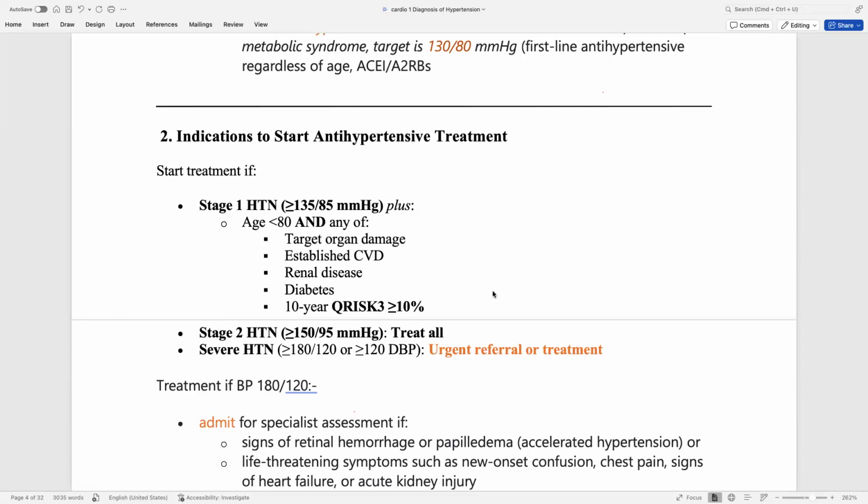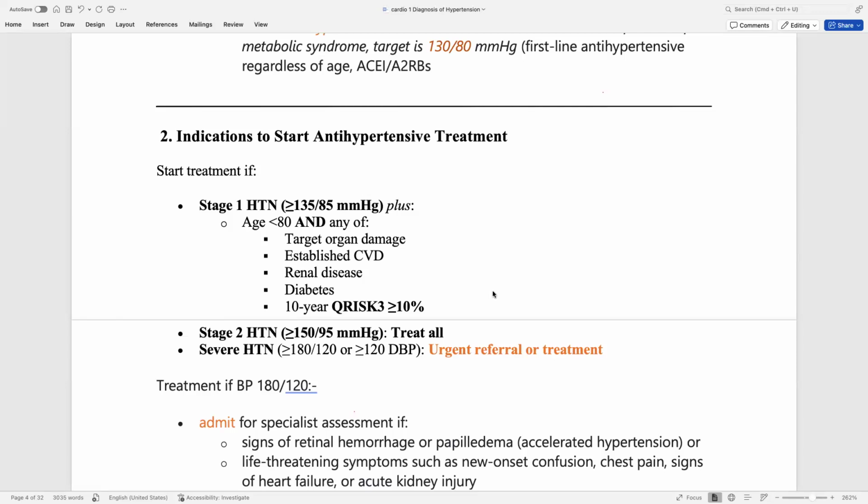So if it is stage 1 and the patient is young, below 80, then we will start treatment immediately if this patient has any target organ damage.